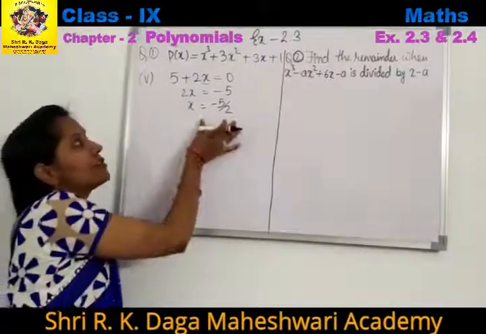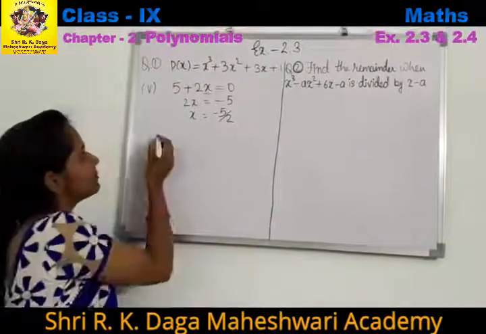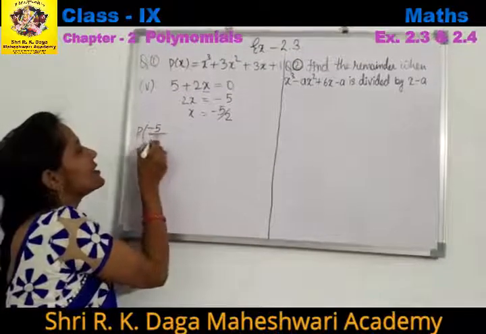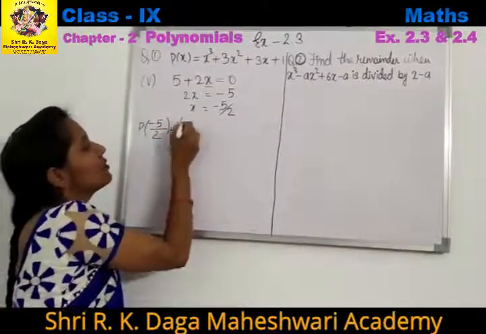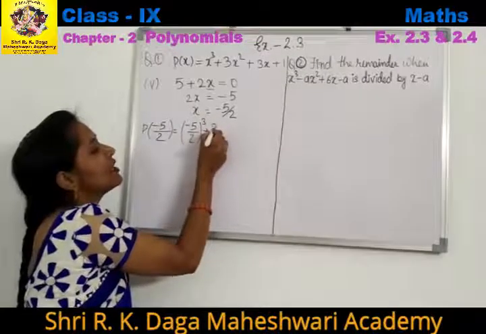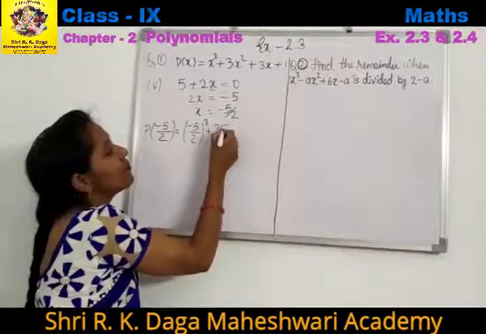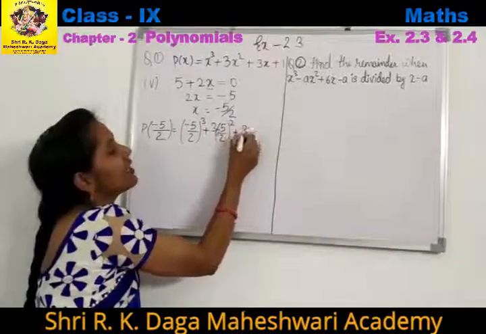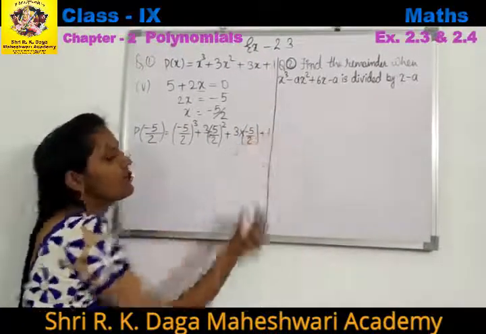Now we will put this value in the given polynomial to find the remainder. According to the remainder theorem, we write P of minus 5 by 2 equal to minus 5 by 2 cube plus 3 into minus 5 by 2 square plus 3 into minus 5 by 2 plus 1.